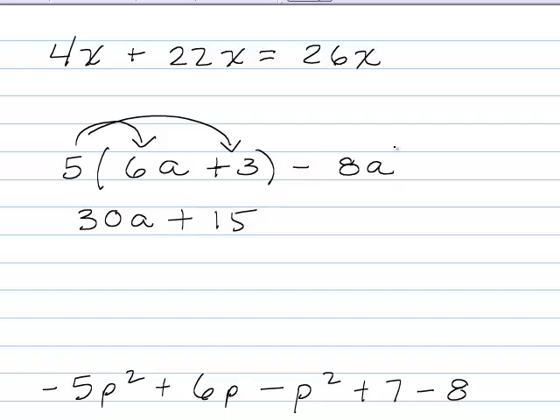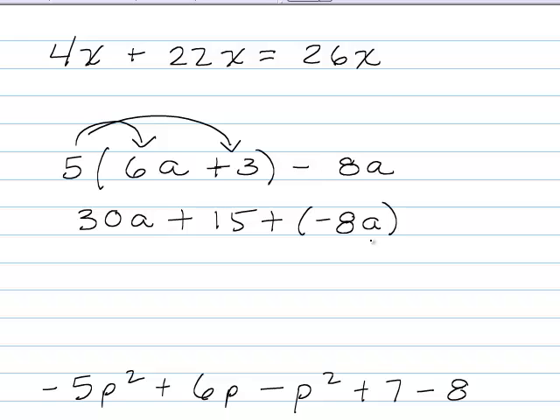And then I want to change this subtraction into an addition problem. So this will be plus, and I can put parentheses around it so that I don't lose that negative. So plus a negative 8a. Now that this is addition, I can move things around and I can see that I have an a here and an a here, exactly the same variable part.